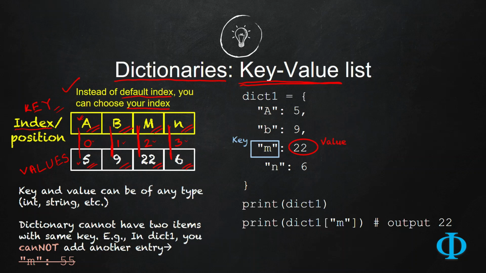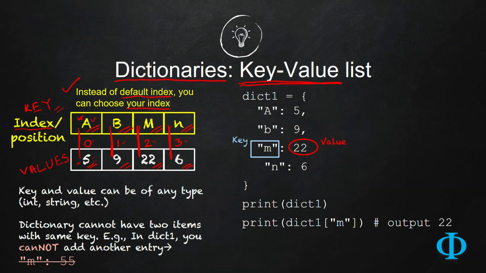And the idea is, utilizing your own index, you should be able to access the data items or the values stored in this collection.